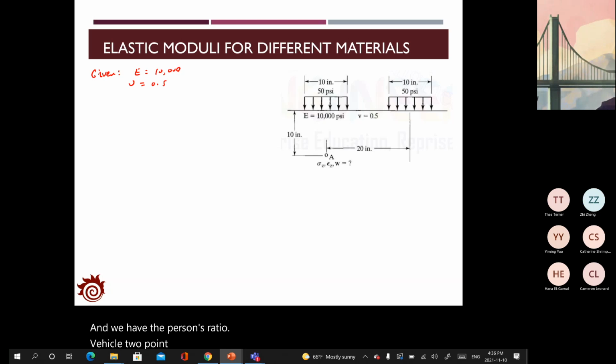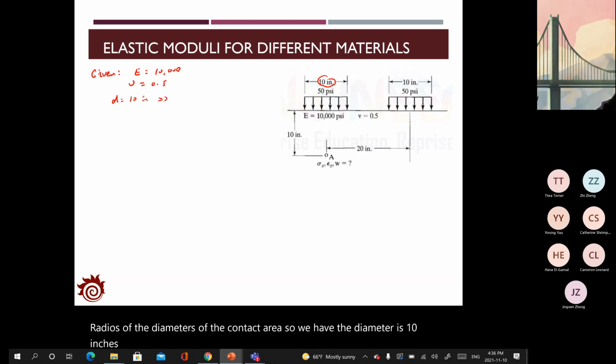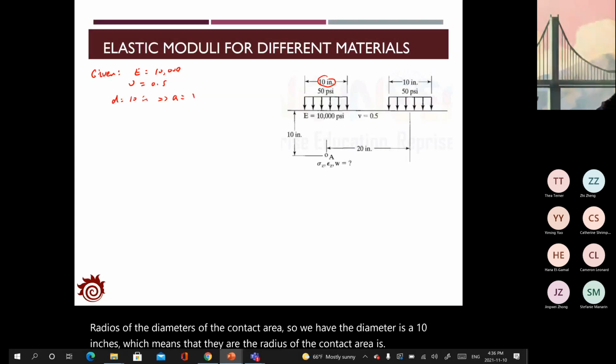The other thing we are provided is the diameter of the contact area, which is 10 inches, which means that the radius of the contact area a is 5 inches.